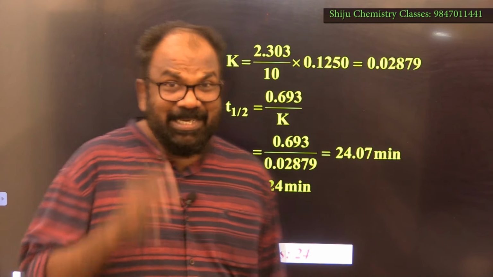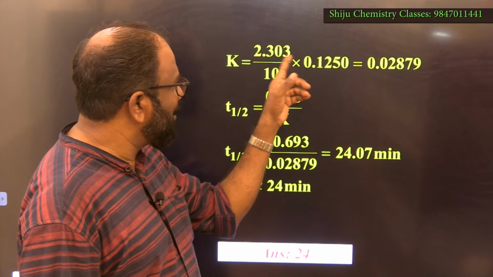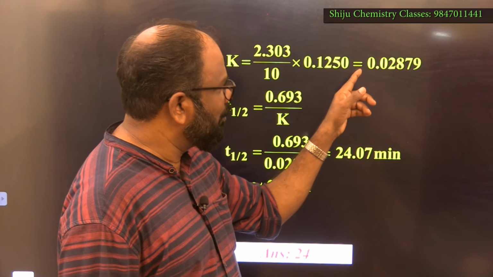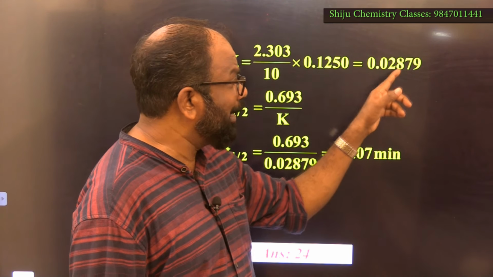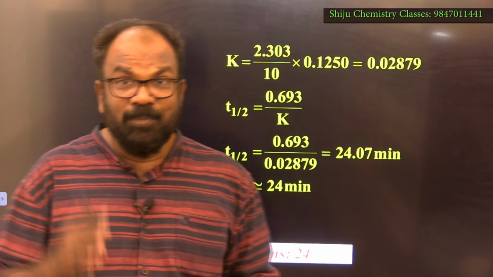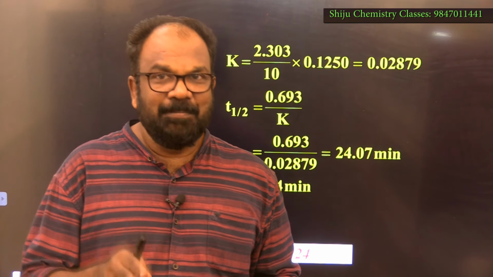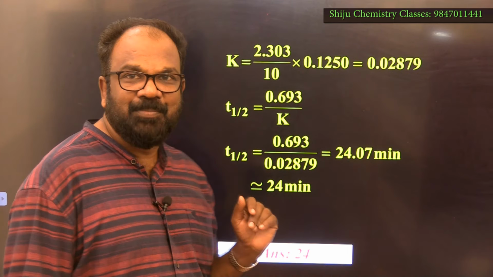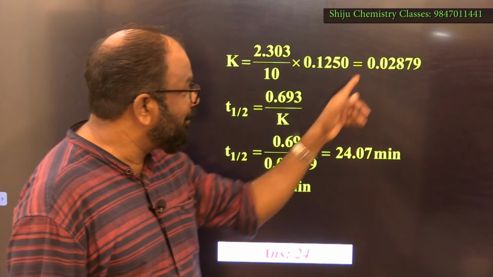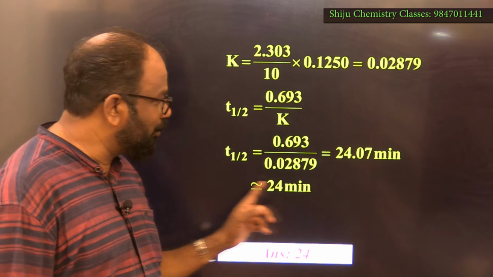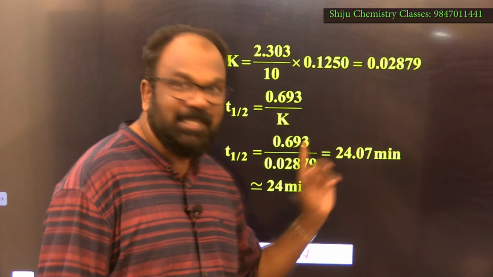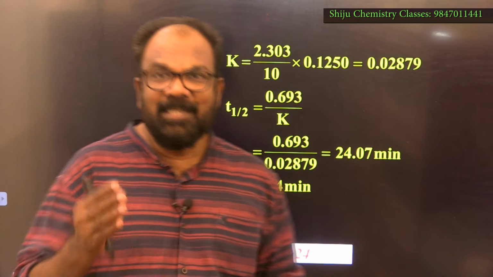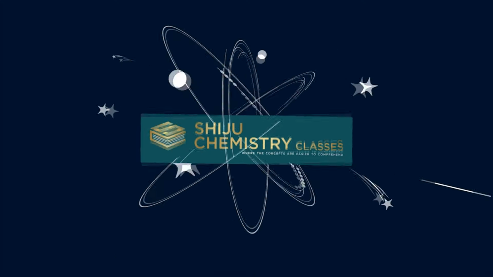Therefore, the rate constant K is equal to 2.303 divided by 10 into 0.1250, which is equal to 0.02879. We know for a first order reaction, the half-life period T half is equal to 0.693 divided by K. Then substituting the value of K, we will get T half is equal to 24.07 minutes, which is approximately equal to 24 minutes. So here the answer is 24.